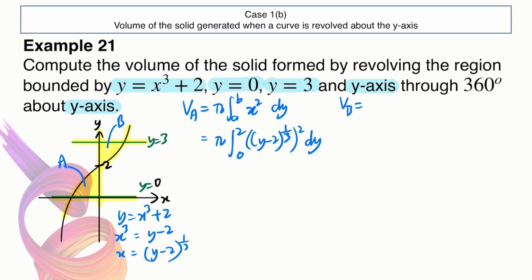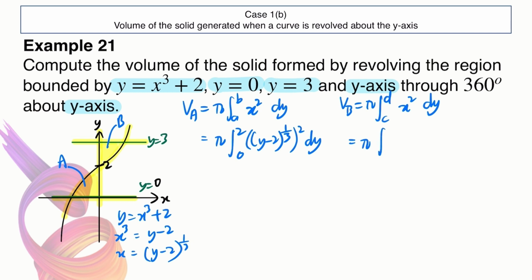Find the volume of B. Again, pi, we are going to use different unknowns, c and d. So x squared dy. Let's find the values for c and d. The starting line for area B is here from 2, and the ending line for area B stops at 3.